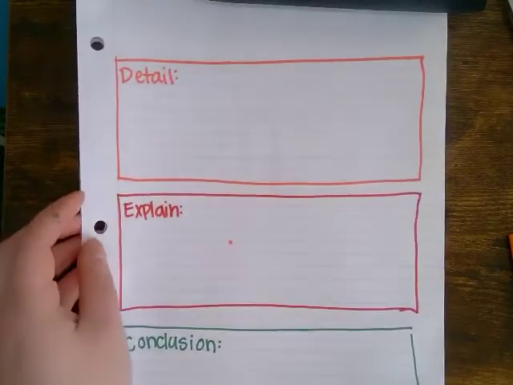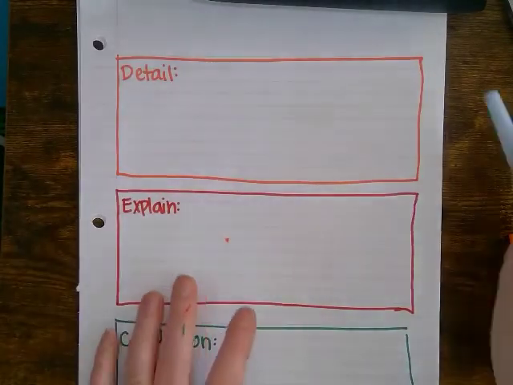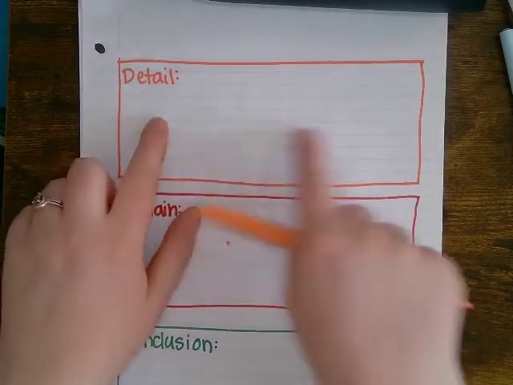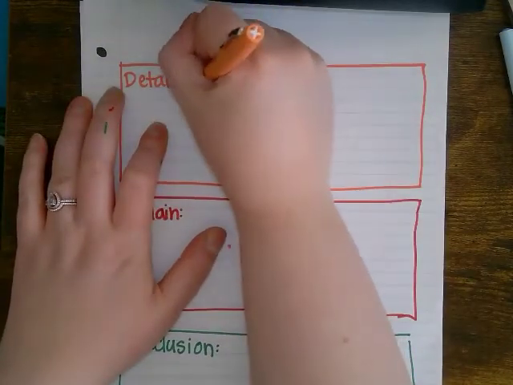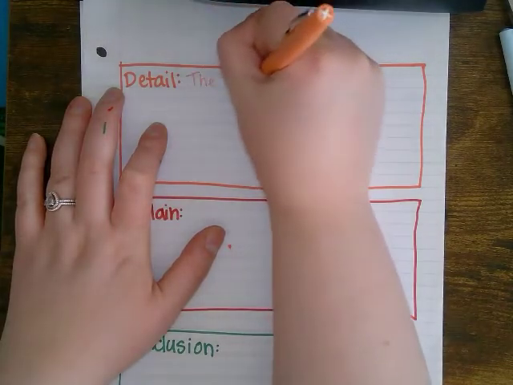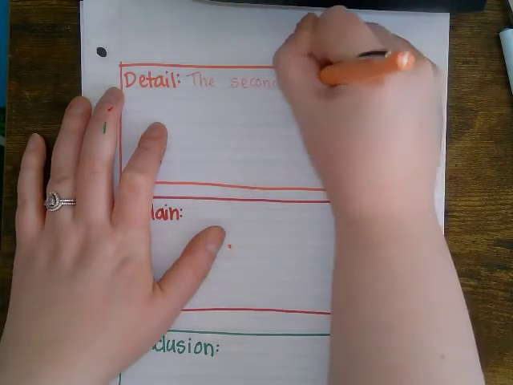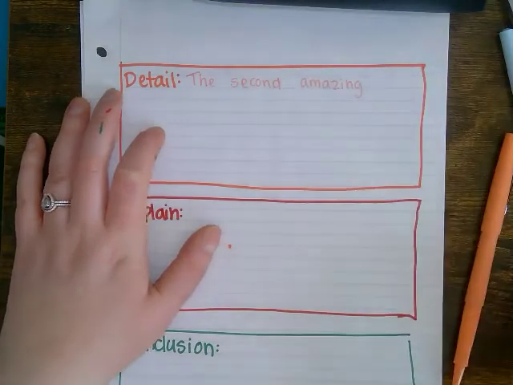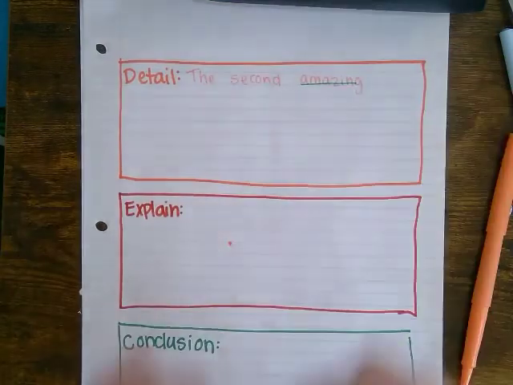Then we're going to go to our next page. I already made this planning sheet, so now it's really easy for me to think about what my details and text evidence will be. So for the next one, same thing. I could write the second, amazing, I'm using a different word here, and this here could count as a vivid word, amazing.